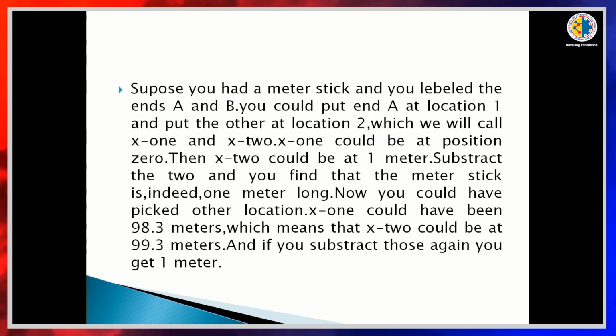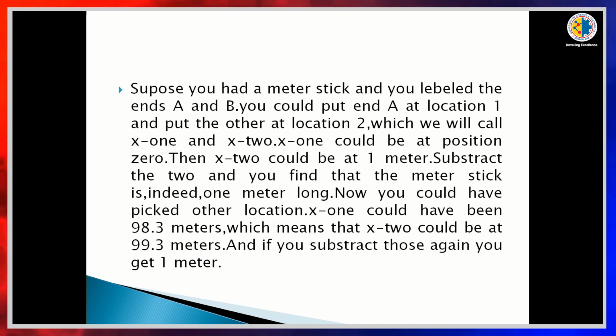Suppose you had a meter stick and you label the ends A and B. You could put end A at location 1 and the other at location 2, which we will call x1 and x2. x1 could be at position 0, then x2 could be at 1 meter. Subtract the two and you find that the meter stick is indeed 1 meter long.